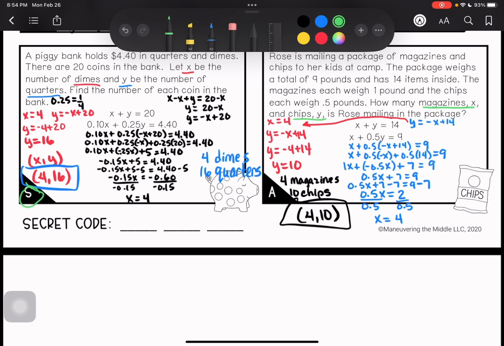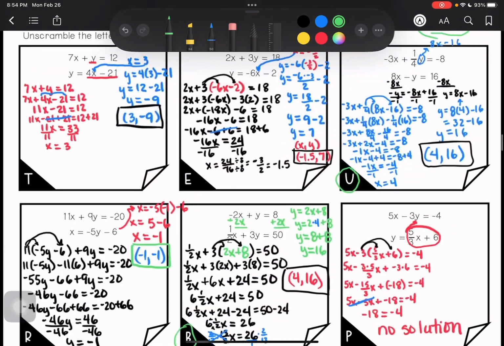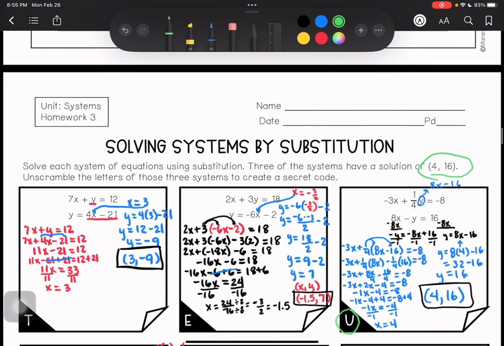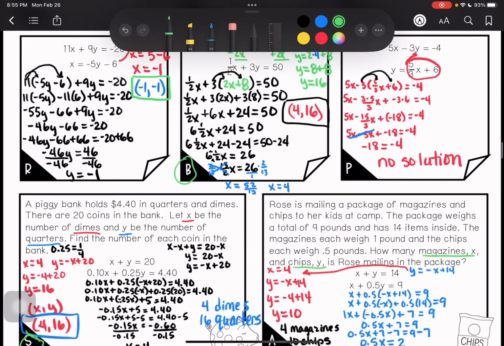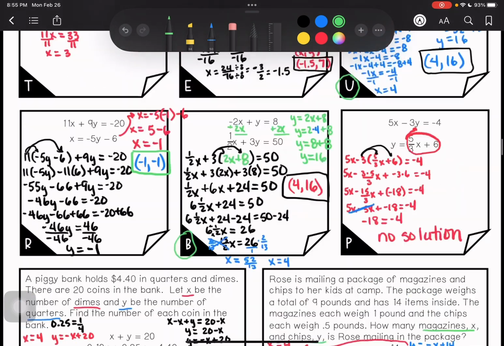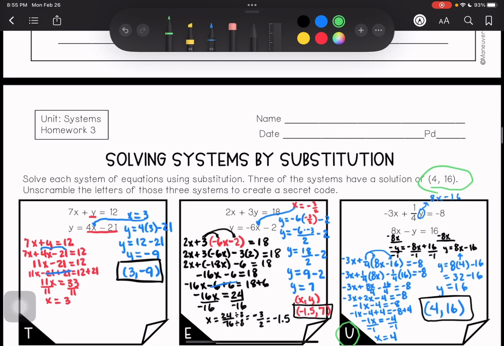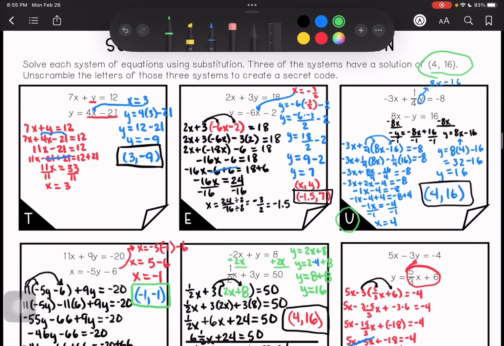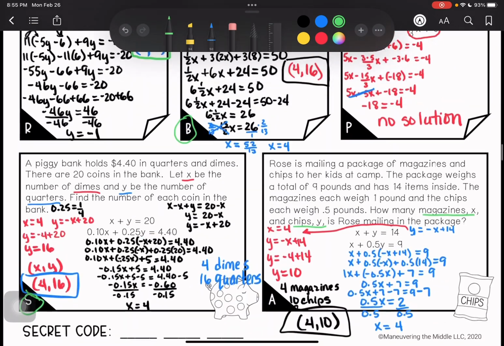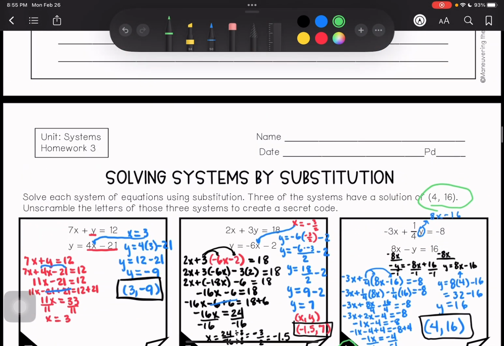I want you to uncover the secret code and turn in your homework for a grade. All work must be shown. Your code must be correct for the secret code. You have 2 parts to each question.